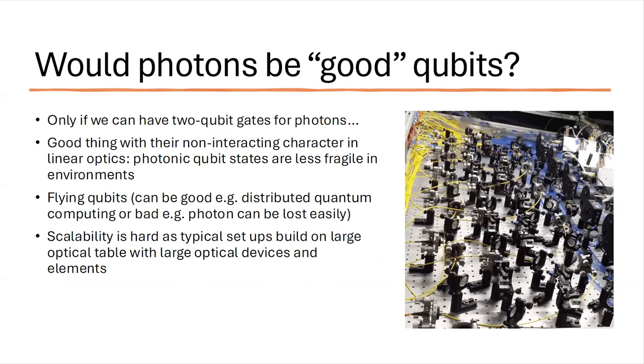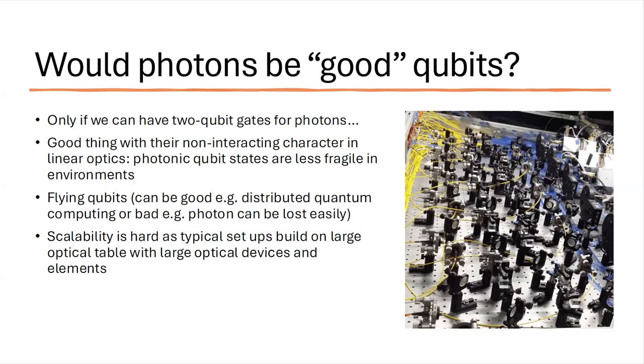Environment is the enemy of superconducting qubits, because superconducting qubits easily interact with the vacuum fluctuation. But in the case of photons, environment is just a bunch of another set of photons, and photons just don't care about each other. They will not interact with the environment. So if you want a room temperature quantum computer, then go photonics. Okay, so this is good.